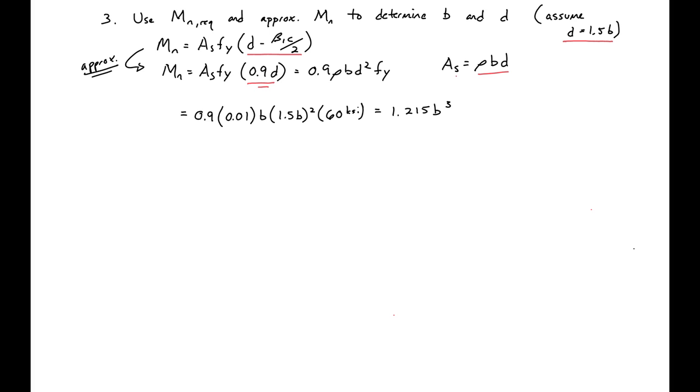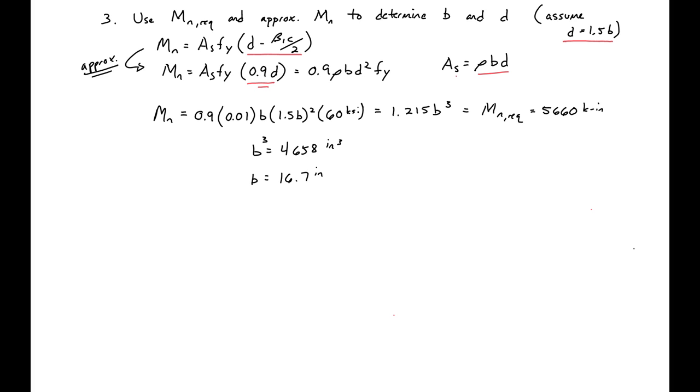We'll then set this value, which is an approximation of our MN, equal to our MN required, which we found before to be 5,660 kip inches. And we'll solve for B. If we solve for B, we'll get our B cubed equal to 4,658 inches cubed, and then our B is equal to 16.7 inches.